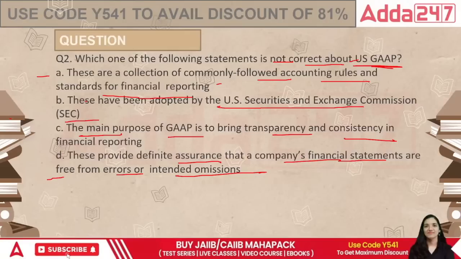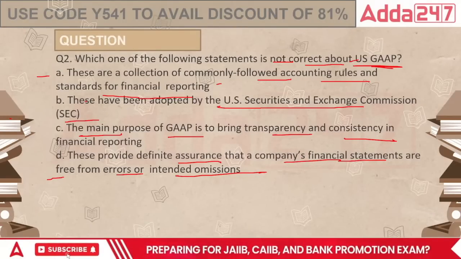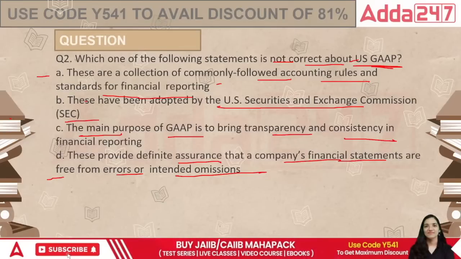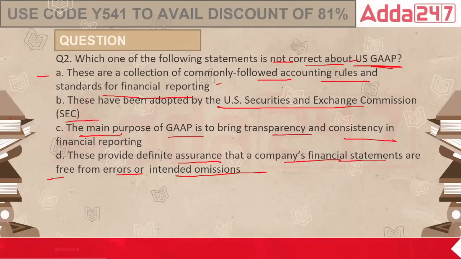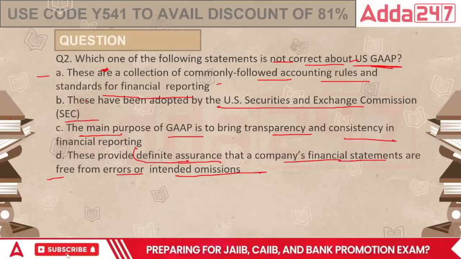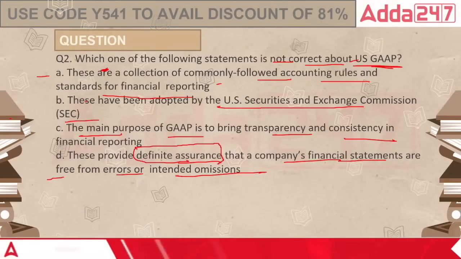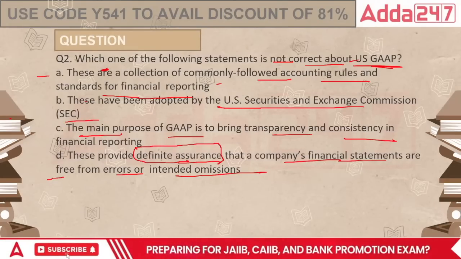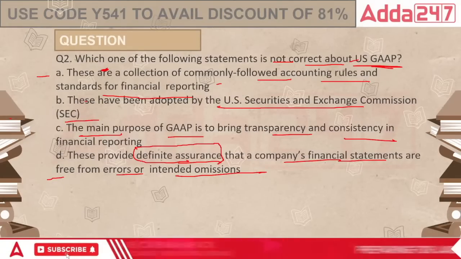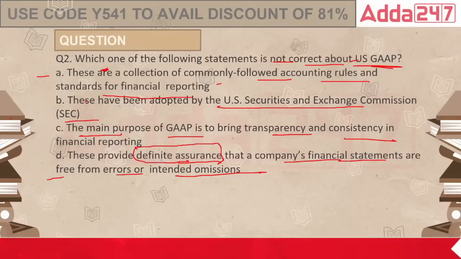See, when we talk about these kinds of concepts, there's one hardcore reality. Any method, any specific accounting standard, can never give a definite assurance. How can someone or something give a definite assurance that the company's financial statements are free from errors? By just following these rules and regulations, that doesn't mean that these are free from errors.